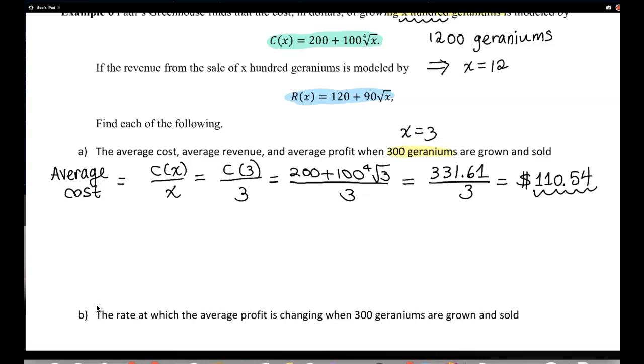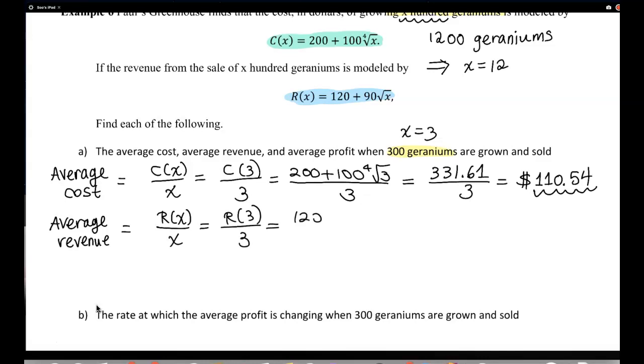They wanted us to find the average revenue, which is going to be R of x divided by x. So R of 3 divided by 3.